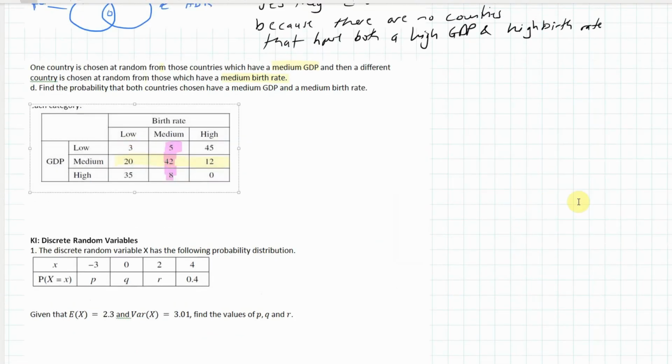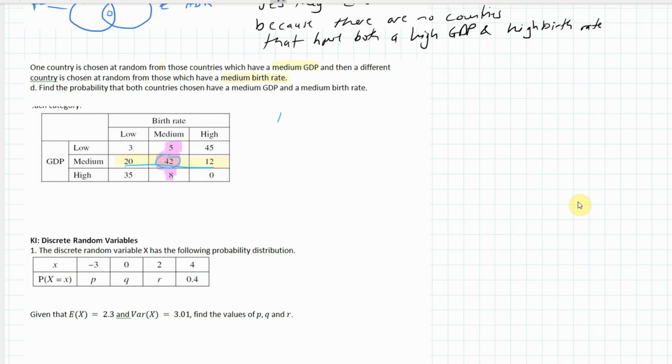So we want to know the probability that both countries chosen have a medium GDP and a medium birth rate. Okay, so obviously we're thinking about that middle section there. So when I choose my first one, you can see that there's altogether, is it 74?